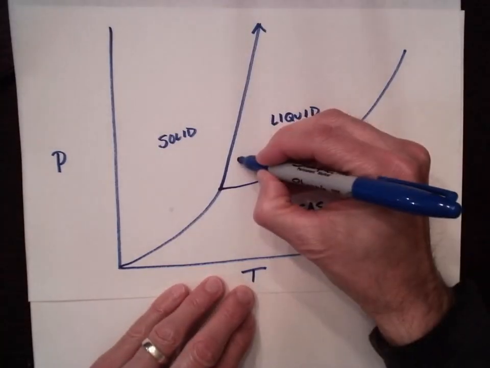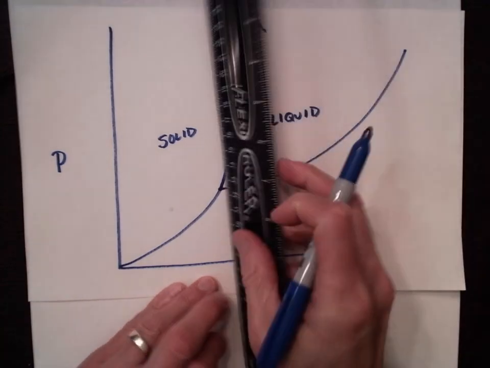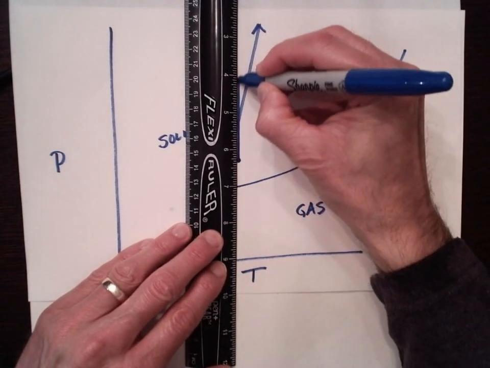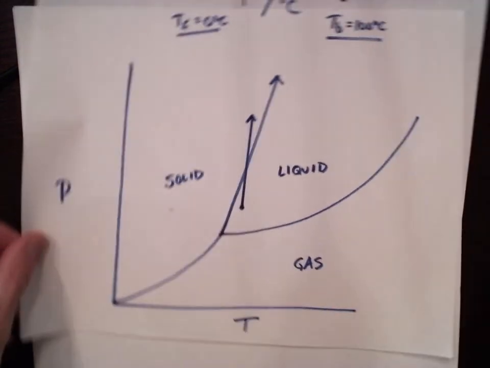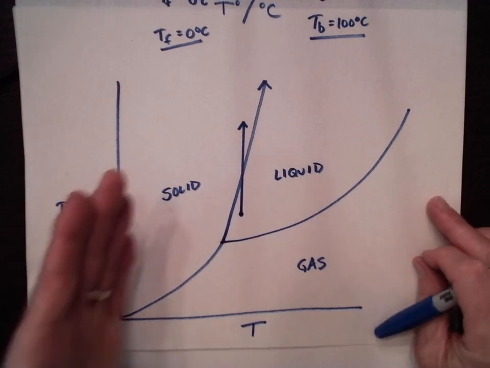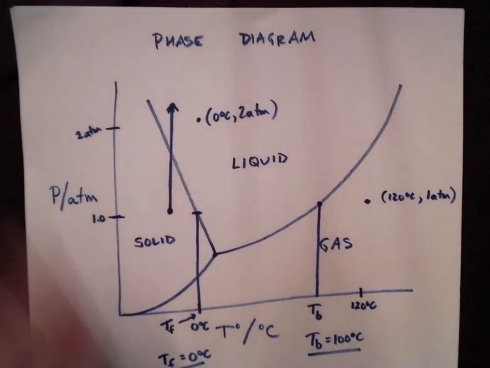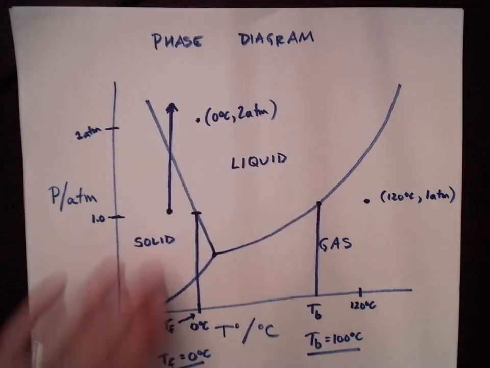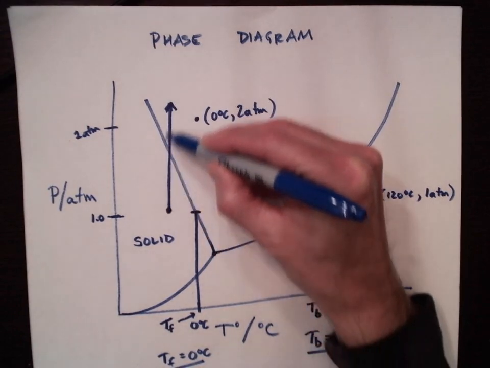So if we have a liquid at a particular temperature, we keep that temperature constant and increase the pressure, the liquid is going to go to a solid. So that solid-liquid line leans this way to the right. With water, it's an odd substance where that solid-liquid phase boundary leans to the left. And when you get something like that, you'll have a substance that actually undergoes melting when you apply pressure to the solid.